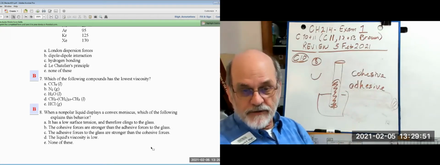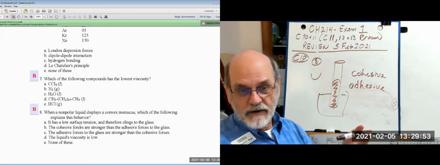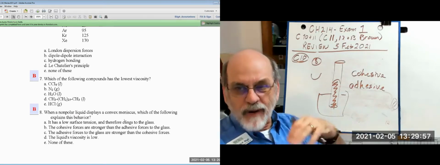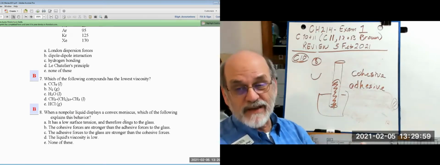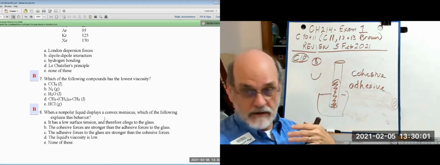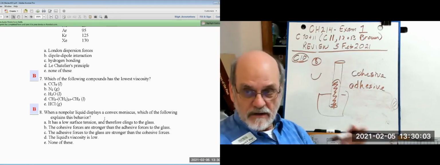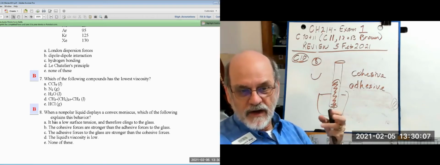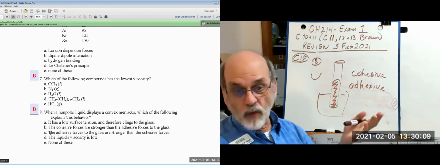So that means the surface tension would be higher. Low surface tension, that is a possible explanation, but it's not the best one, right? Remember in multiple choice tests, pick the best answer. So we'll hold A in reserve in case B, C, D, and E don't work.